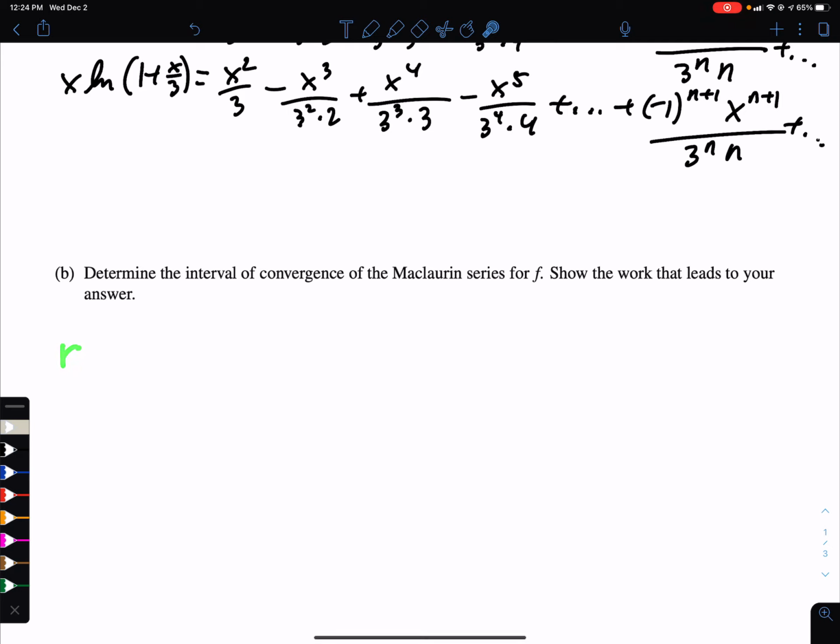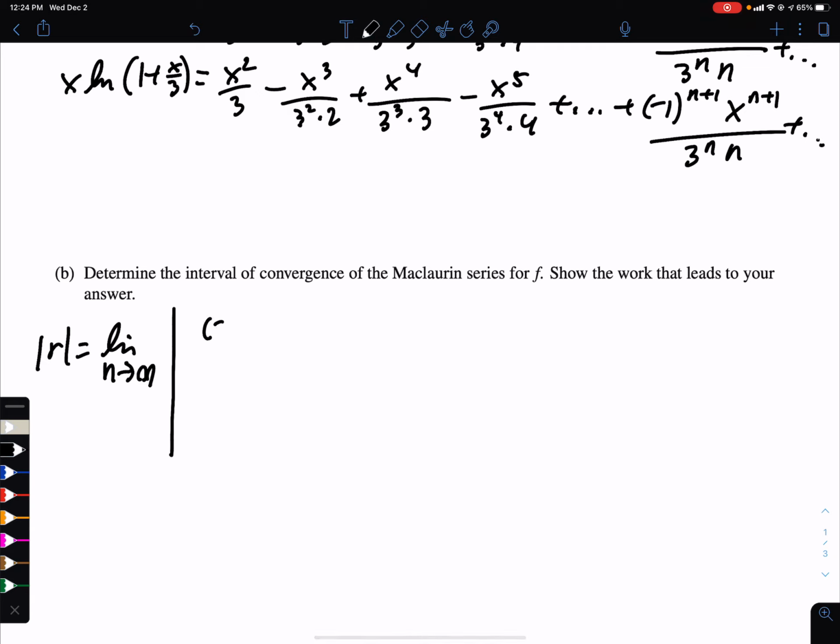Our r is going to be the limit as n goes to infinity. So we are going to get the n plus 1 term. So all these are going to have n plus 1 added to them.